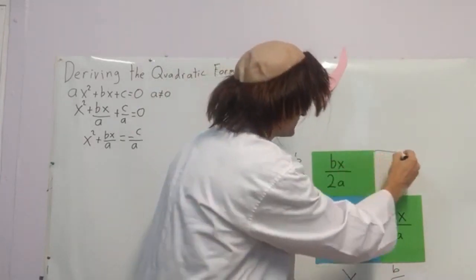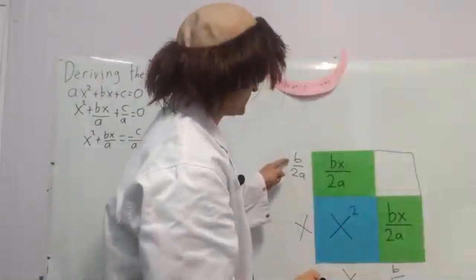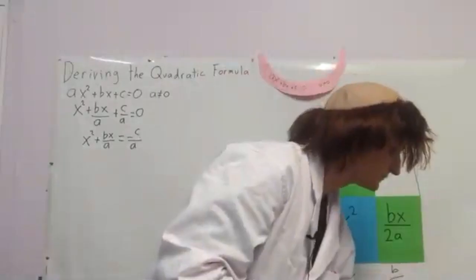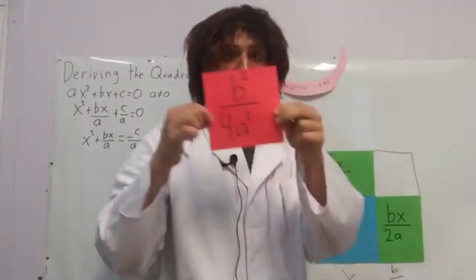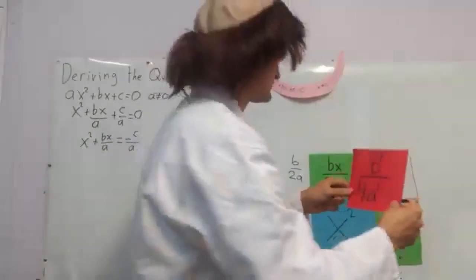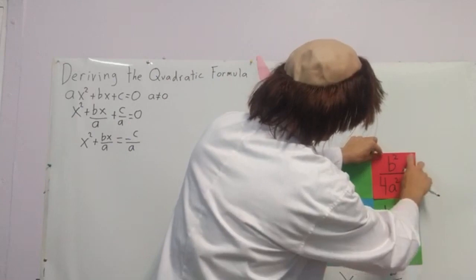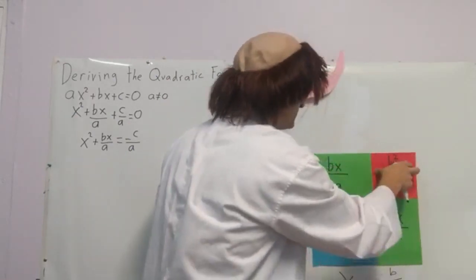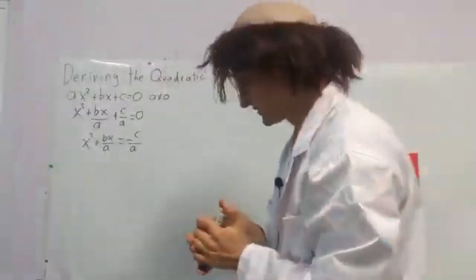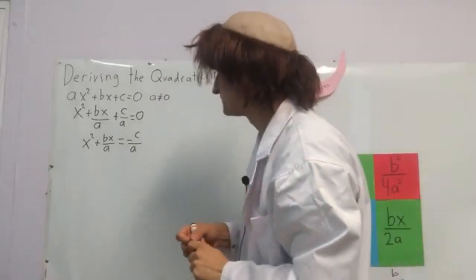We can see the missing square here. What are its dimensions? b over 2a times b over 2a. That looks like b squared over 4a squared. This is the missing piece. Let's put it right here. It's a beautiful, beautiful square. Now we have to add it to both sides.